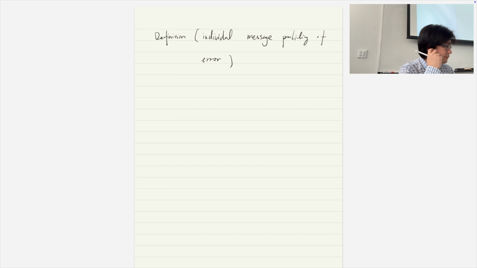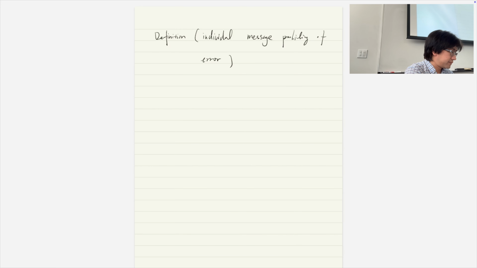The definition is very simple. It means that when m is transmitted, what is the probability that m hat and m are not equal? That's the error probability for the individual message.